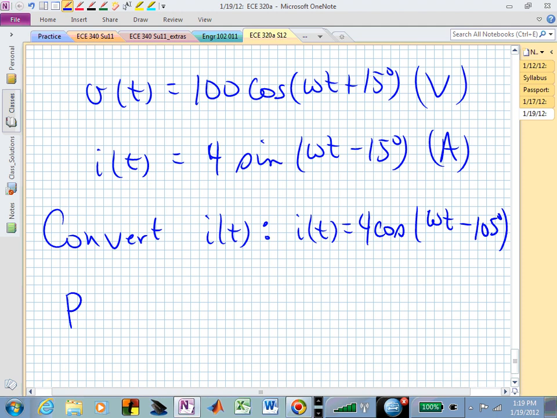We take the maximum magnitudes of the voltage and the current and scale them by 1/2, then take the cosine of something. What do we do?